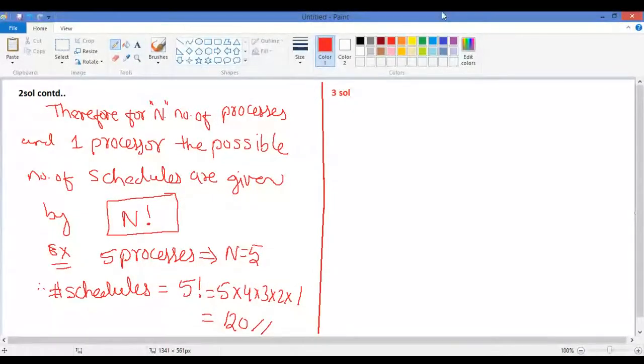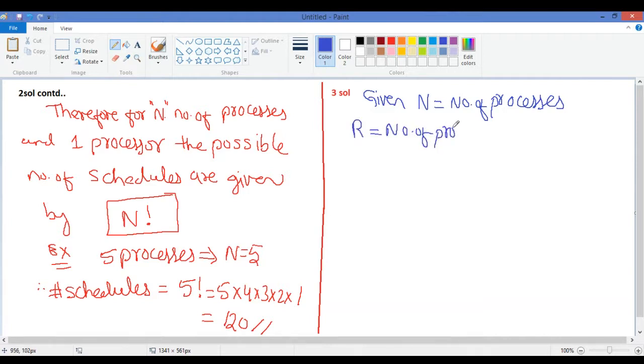So let me write with another color. Given n is equal to number of processes, and given r is equal to number of processors. Processors means CPU. Just I will give you an example.